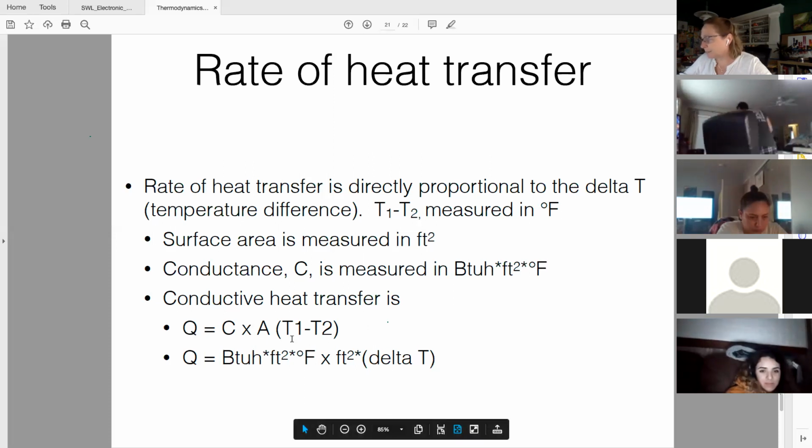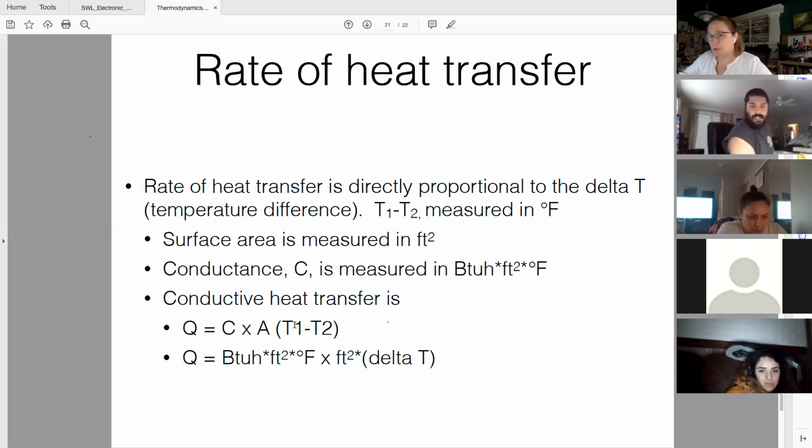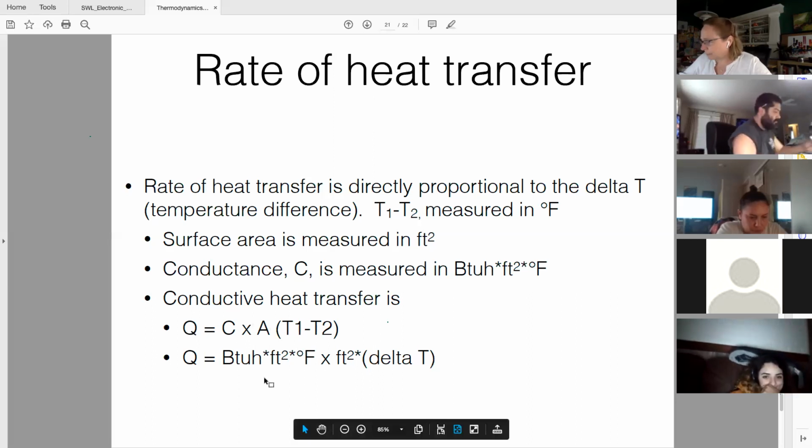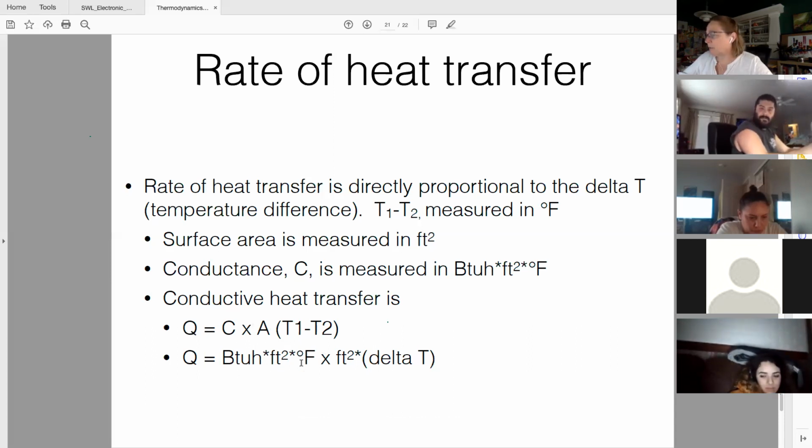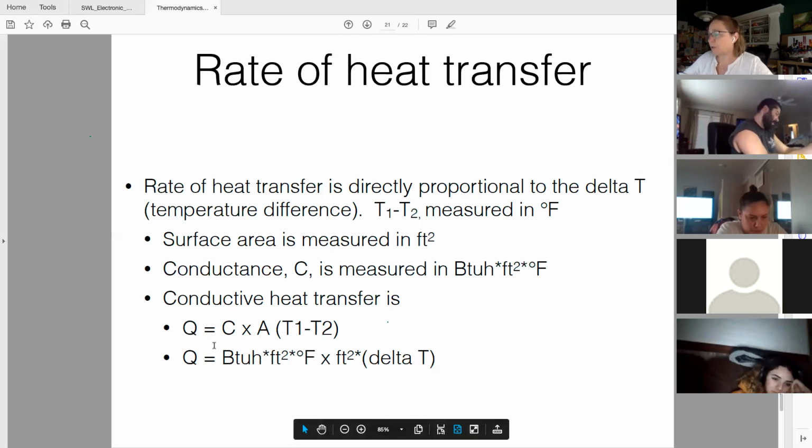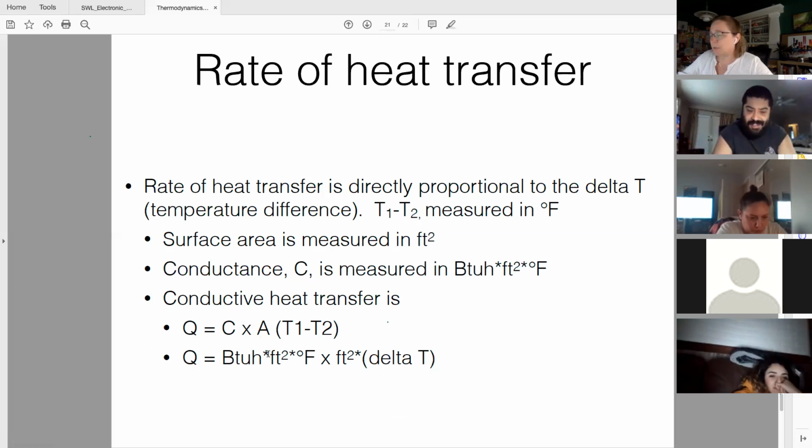We're going to multiply it by your area, which is your square feet, and your temperature difference, your delta T, which is in Fahrenheit. What's going to happen is your square feet and your area are going to cancel each other out, and your degrees and your delta T are going to cancel each other out. So you're going to be left with your conductive heat transfer measured in BTUs per hour.